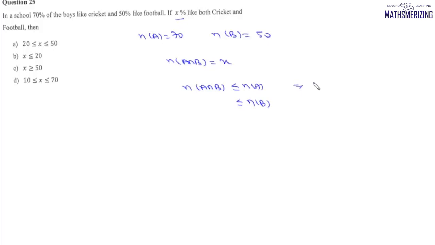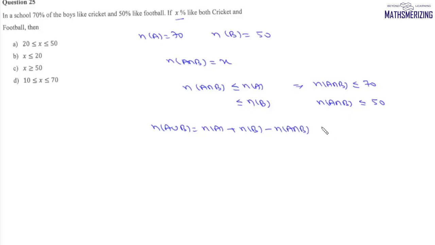So from here we can write n(A intersection B) should be less than or equal to 70 and also n(A intersection B) should also be less than or equal to 50. Now we also know that n(A union B) is n(A) plus n(B) minus n(A intersection B).